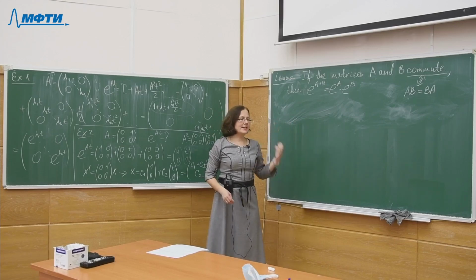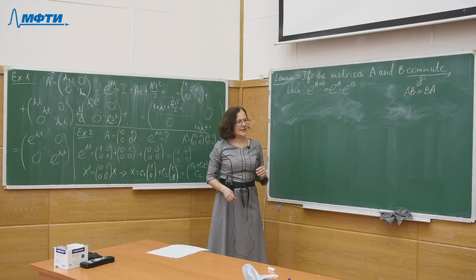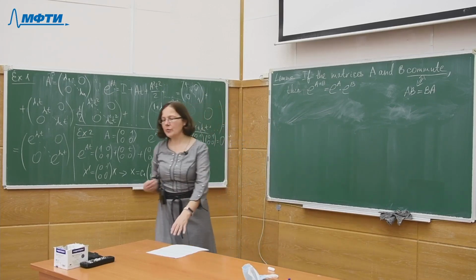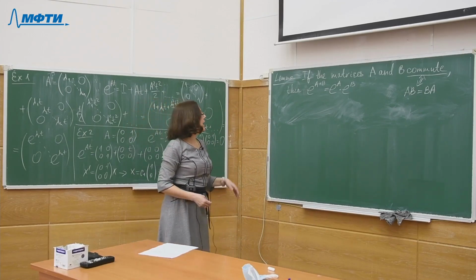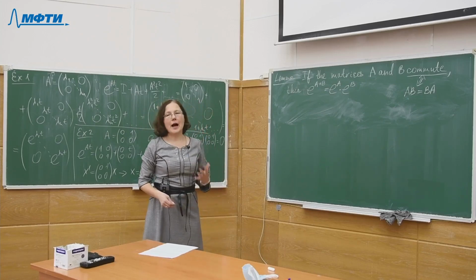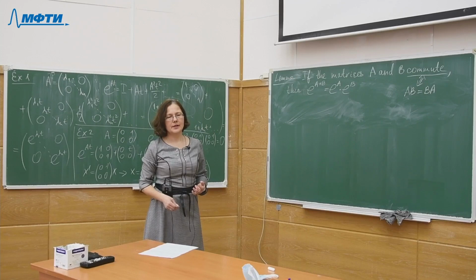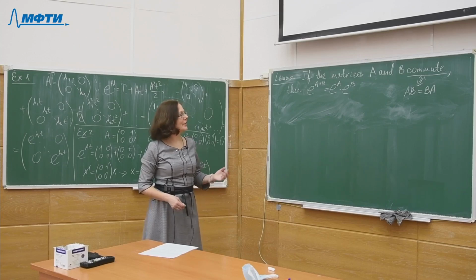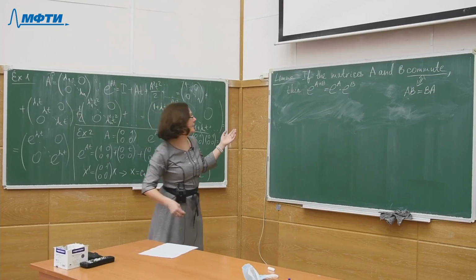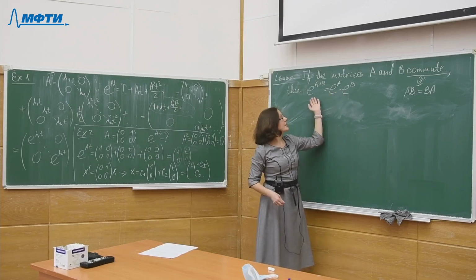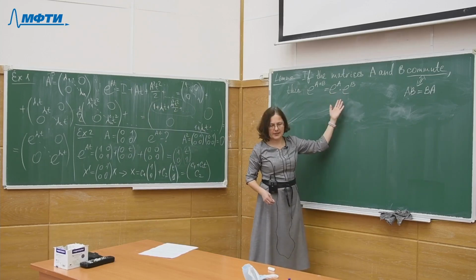This lemma can be proved in the same way as the similar statement for numbers, just using the same methods applied to prove that it is true for numbers. It can be proved that it is true for matrices.